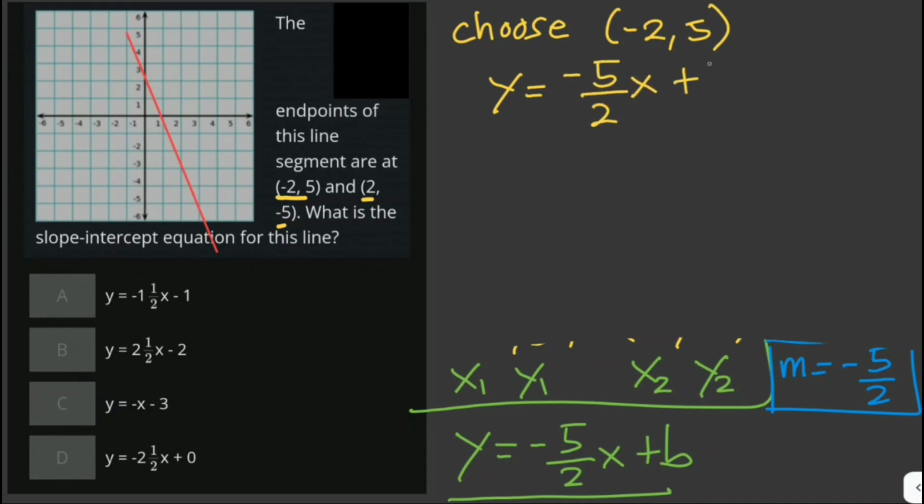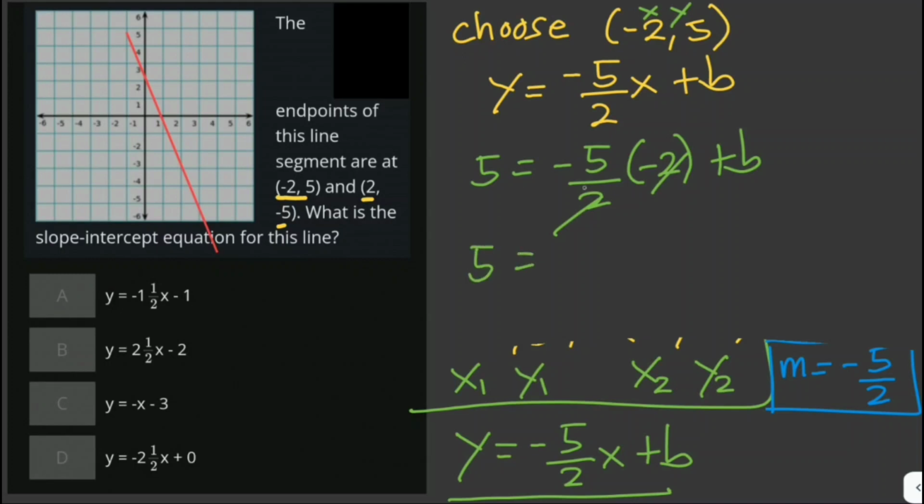We plug into our equation, which is y equals -5/2 x plus b. Okay, this is x, this is y, so we plug in 5 equals -5/2 times -2 plus b. The 2 here cancels out, and then we are left with -5 times -1 is +5 plus b.